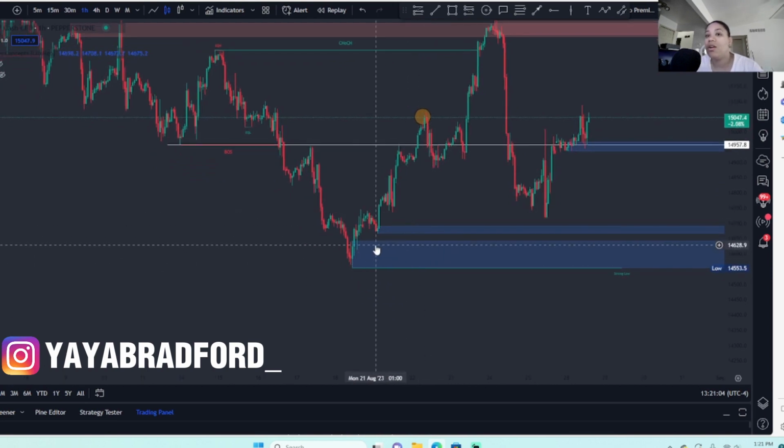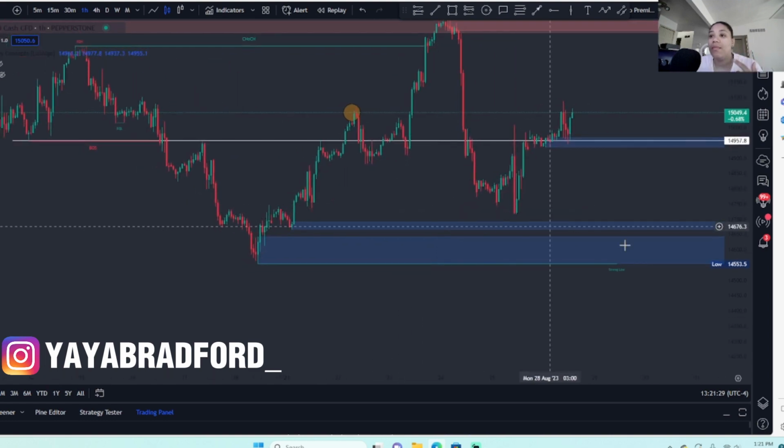Once you got that first demand zone, this was the indication to let you know in your brain that the trend could be changing. Now, it's not for sure, but it's like a warning sign. Okay, the trend is probably changing because this indicator is giving me a demand zone.